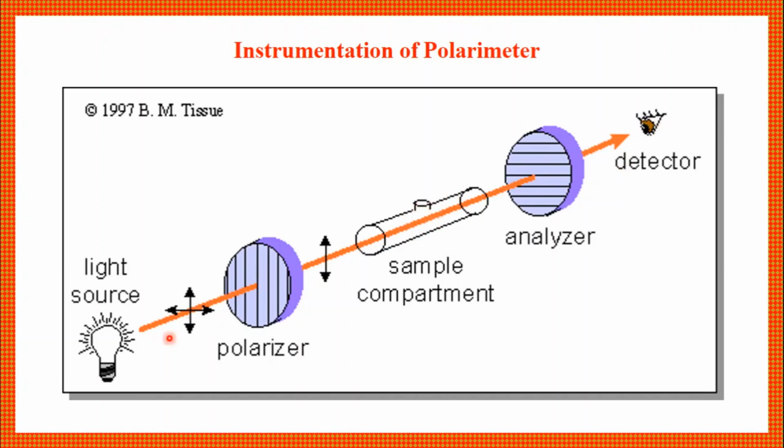So this is the instrumentation of the polarimeter that we learned in the last lecture. The optical rotation is detected by this instrument, called a polarimeter.